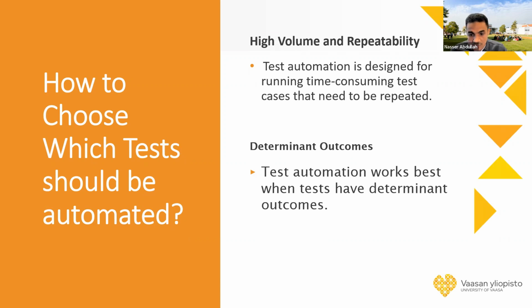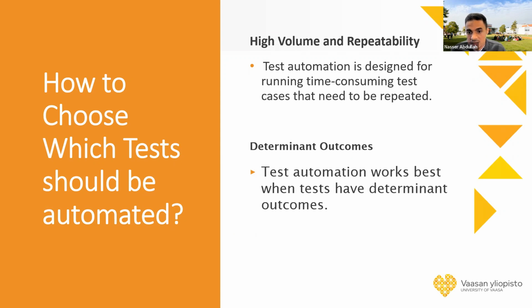So if you have any modules that have determinate outcomes, they are good candidates. The other side is, for example, just checking whether this color is nice or not nice.